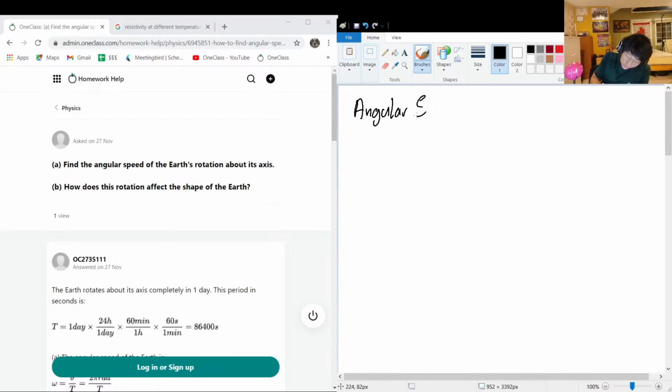Angular speed, sometimes said as angular velocity, they generally mean the same thing.